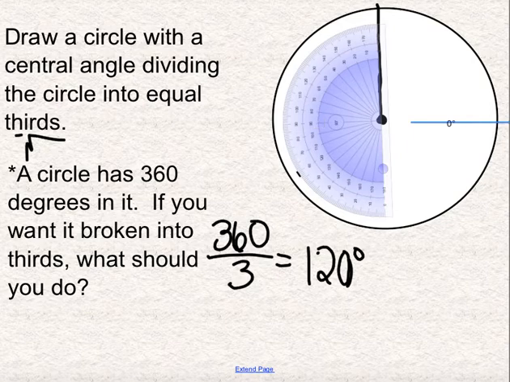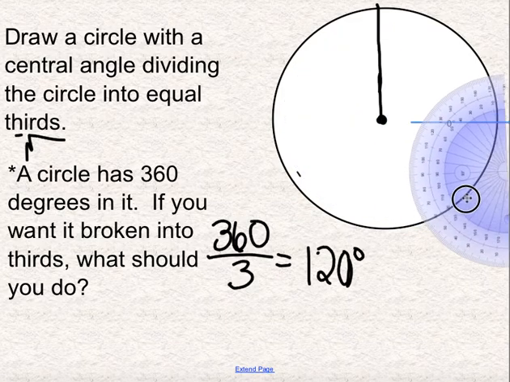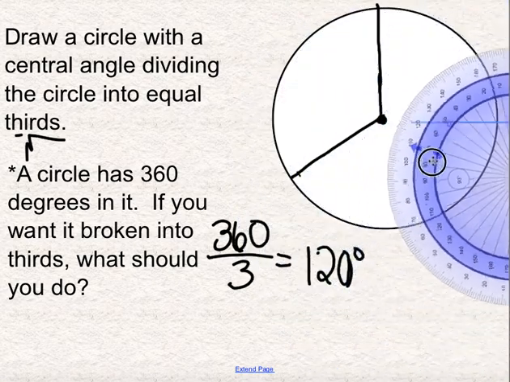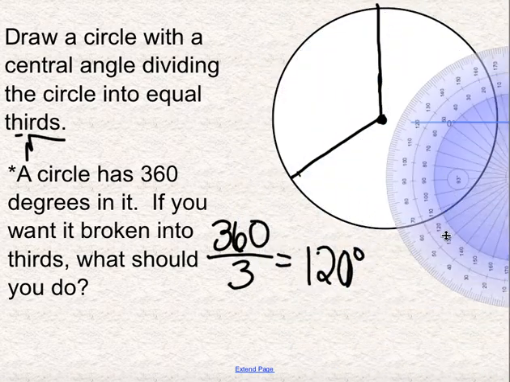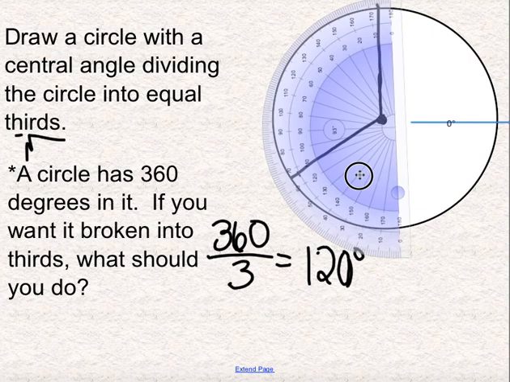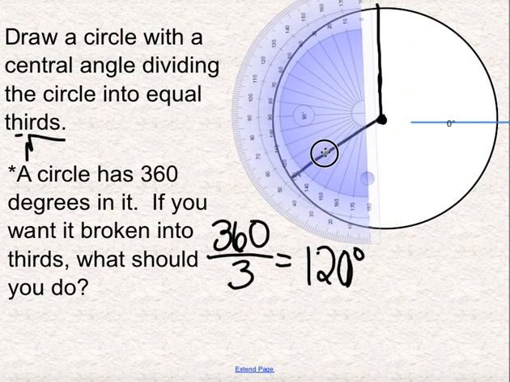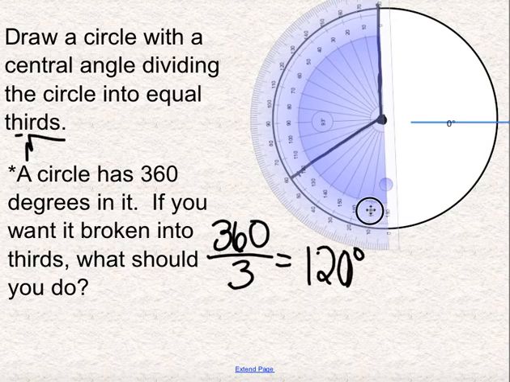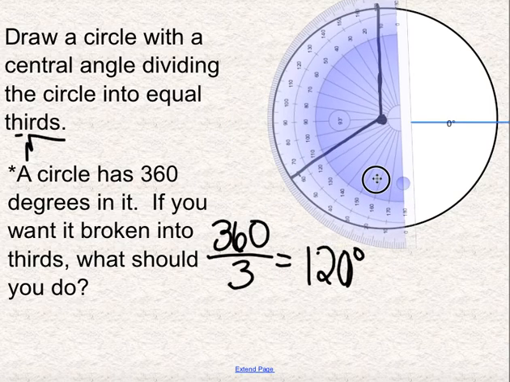We have 120 at about there. So we would take our protractor, line it up, put a dot, and then we can put a line to that dot. Now let's do it again, but we have to rotate our protractor again. Okay, we need to line it up with the dot. We need to spin it around.